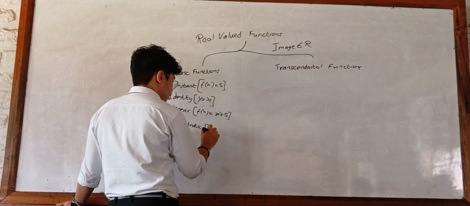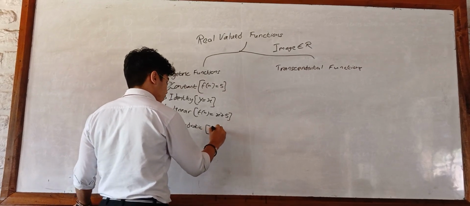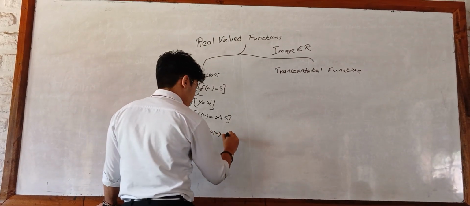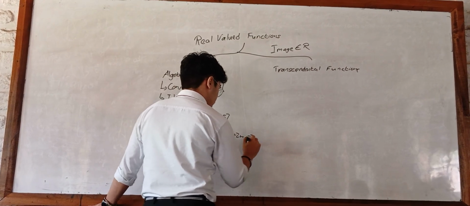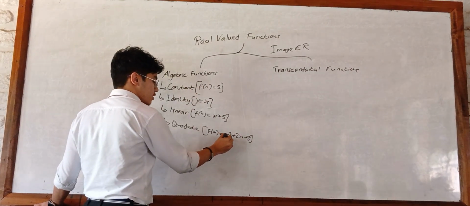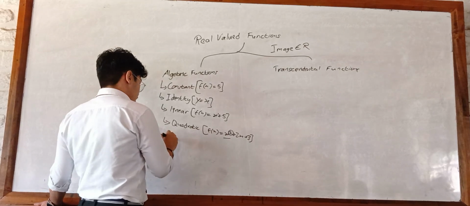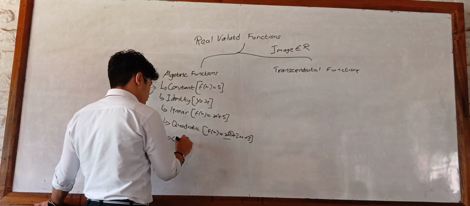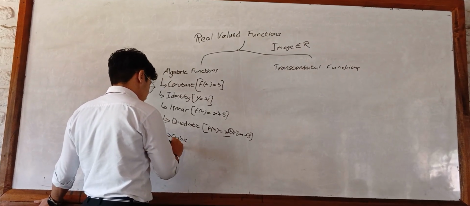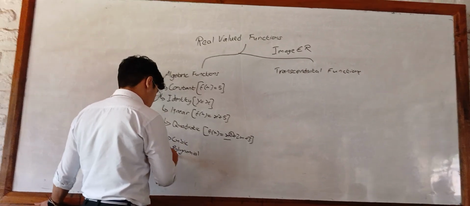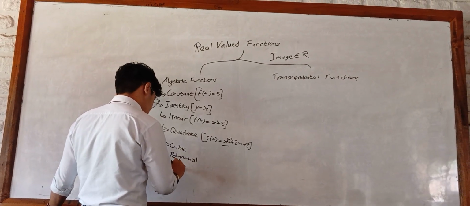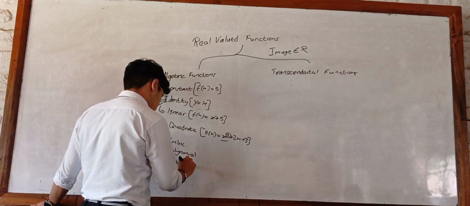Then we have the quadratic function, in which f(x) gives an equation where the power of x is 2. Similarly, there are cubic, polynomial and rational functions.